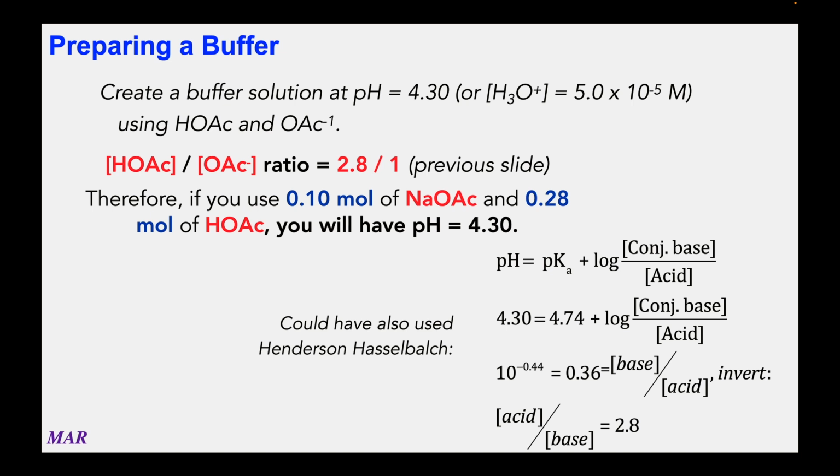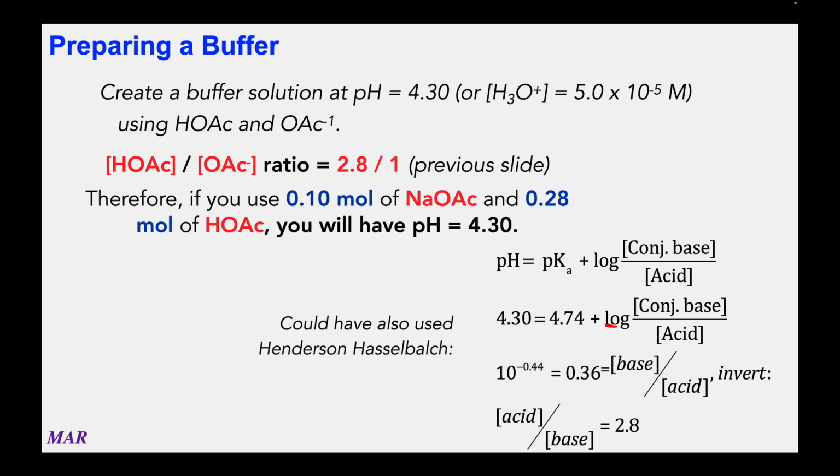But anyway, you could also use that: pH equals pK plus log base over acid. So pH 4.30, pK 4.74 plus log base over acid. So 4.3 minus 4.74 gives you minus 0.44. You want an anti-base 10 log to get rid of that log part right there.